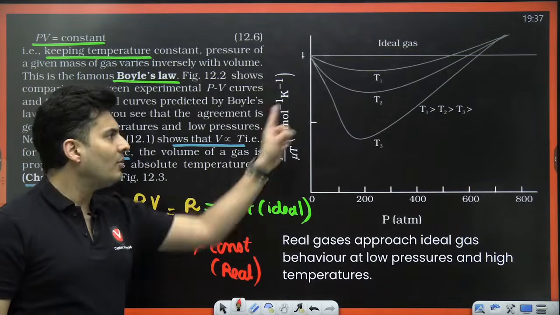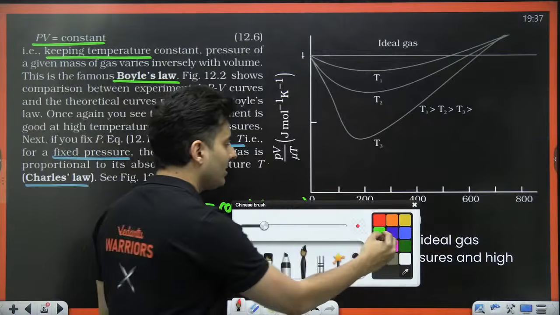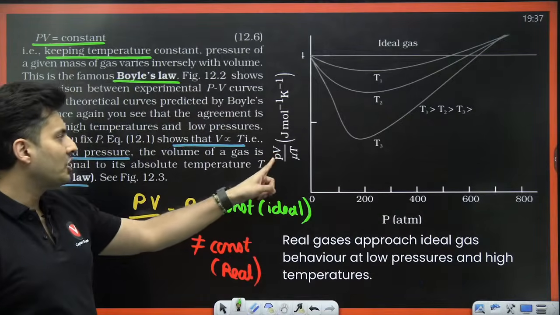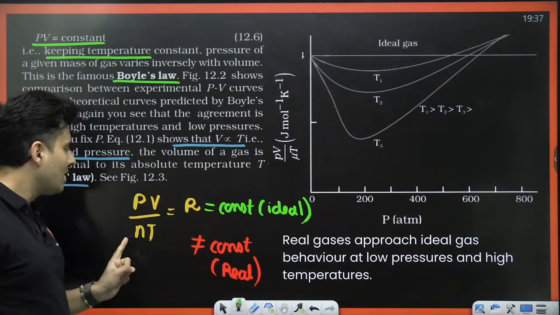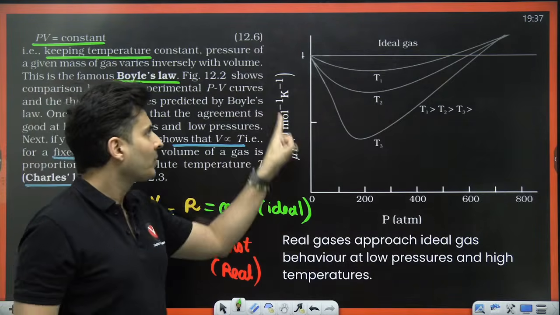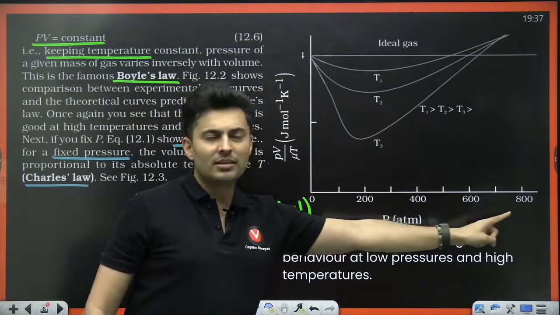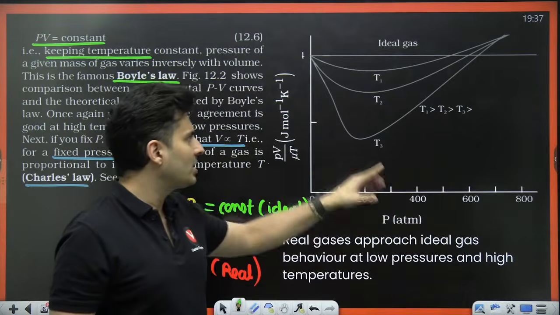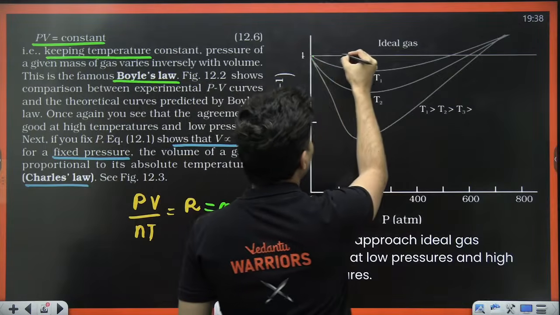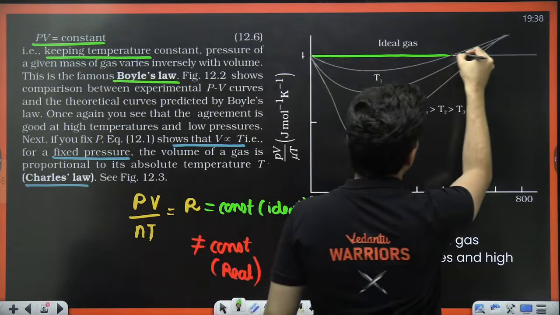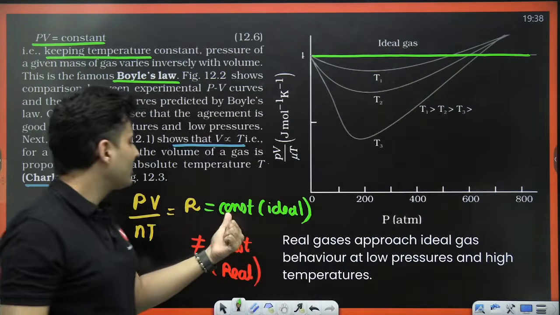And that is exactly what is seen over here. Observe this carefully. Here this ratio is PV by NT, mu is N over here, don't get confused. PV by NT is this axis, and this is plotted for different pressures and different temperatures. For the ideal gas, it is a straight line, meaning it is constant.